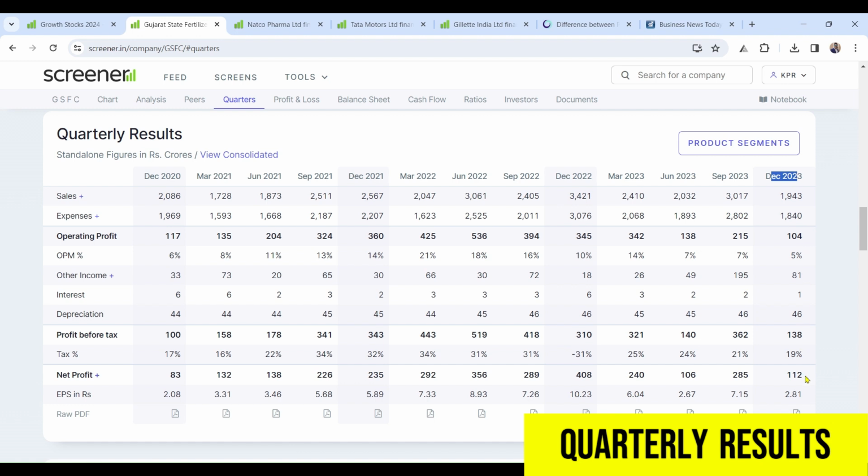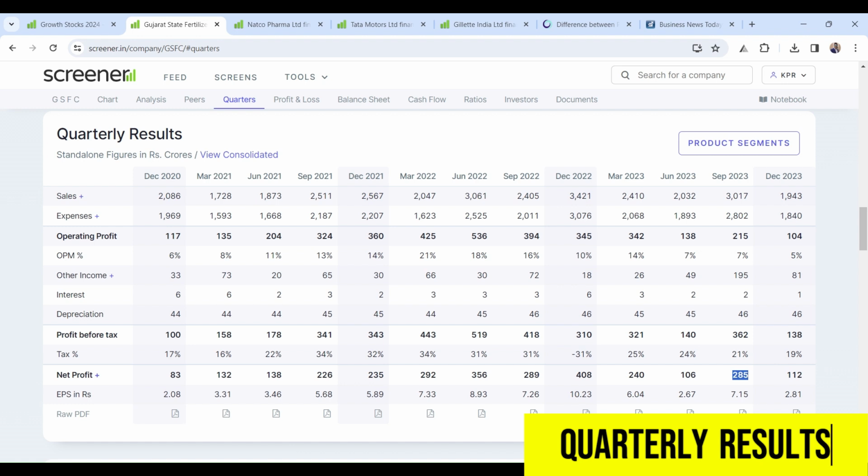So the quarterly result was a bit poor. The reason is if you compare the net profit, it was just 112 crores. If you compare it with the previous quarter, it's way below.